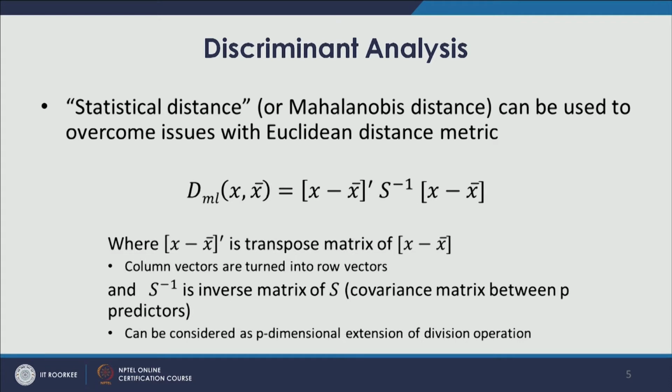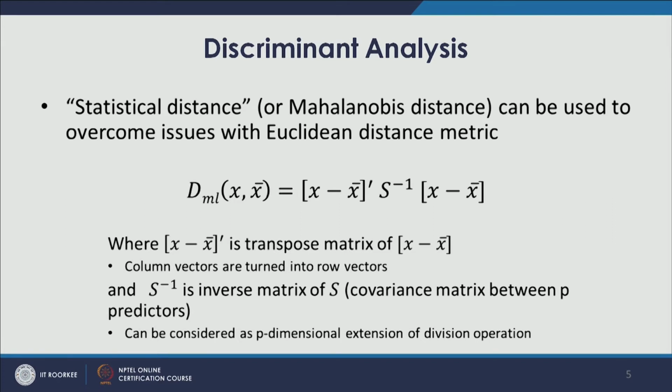D_M, that is M for Mahalanobis distance, the distance of a record X from the centroid of a class, X bar, can be computed in this fashion: (X minus X bar) transpose, and then we have S inverse, then (X minus X bar). So you can see that (X minus X bar) transpose is the transpose matrix of X minus X bar.